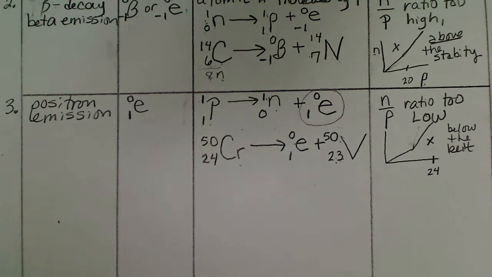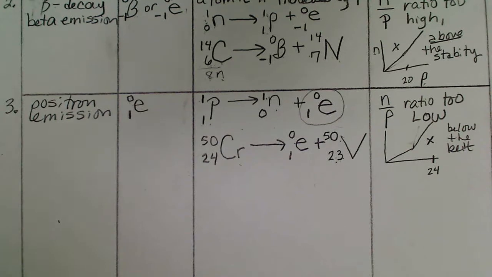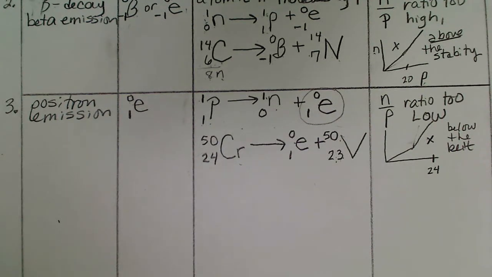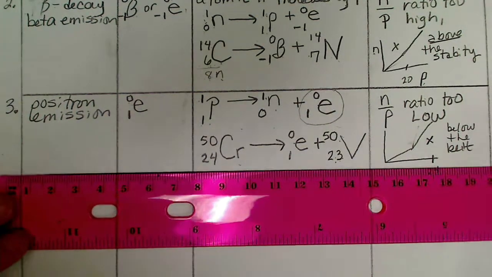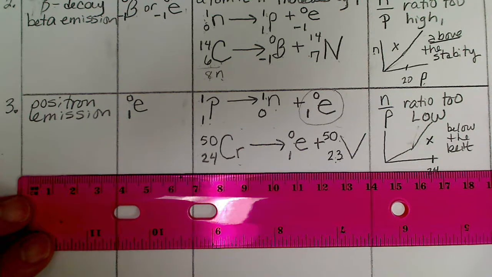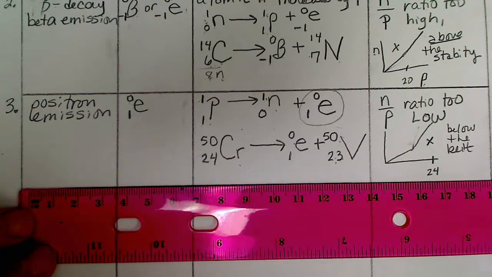The next nuclear process we're going to talk about is electron capture. Well, I guess I'll call that number 4.